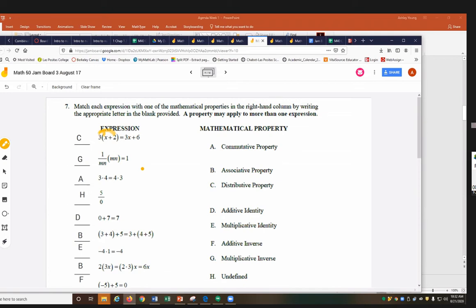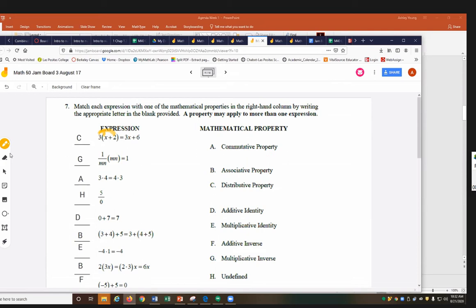Perfect. Nice. And for the third one, we said it was the commutative property, which is changing the order of the operation. Excellent. Okay. For 5 over 0, we got H for undefined because you can't divide by 0. And 0 plus 7 is the additive identity, because whichever number you add 0 to, you get it back.